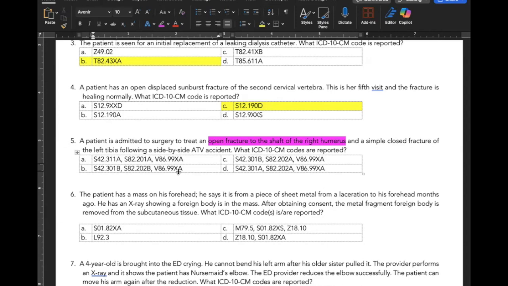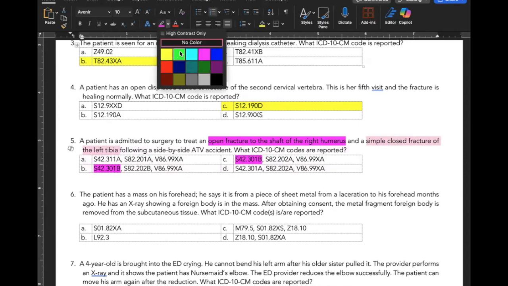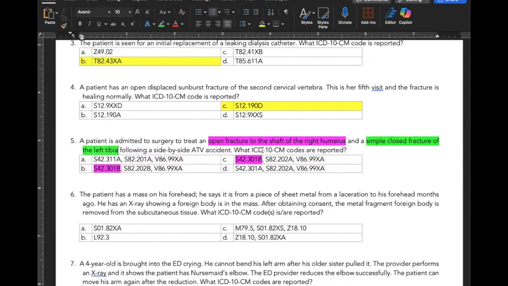B. Yep. S42.301B. Okay. So let's go find our simple closed fracture of the left tibia. Let's go back to fracture.